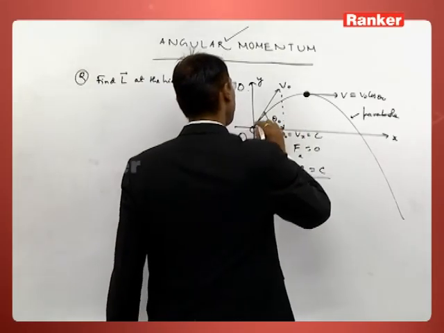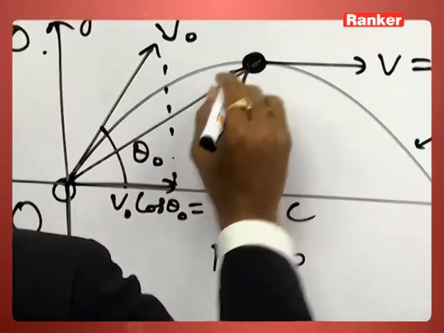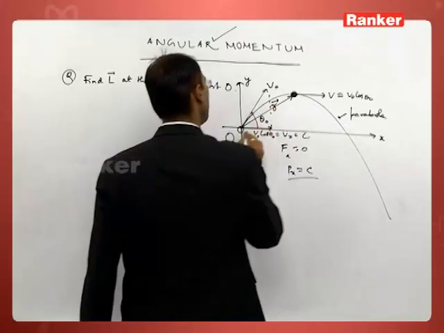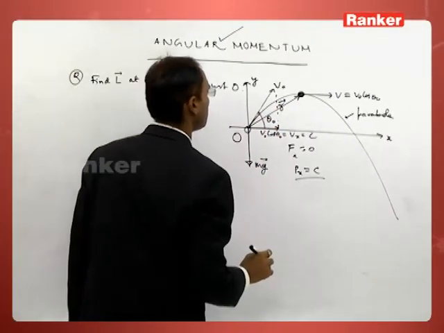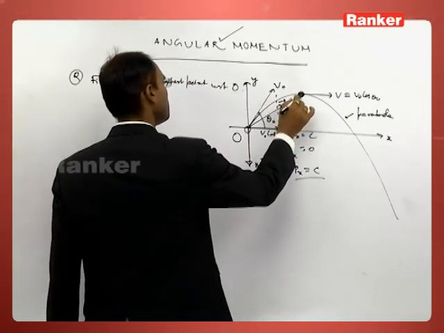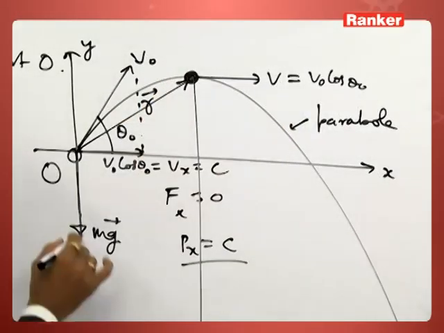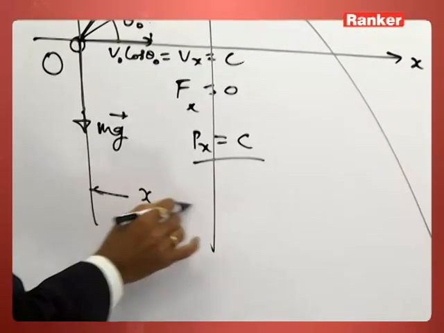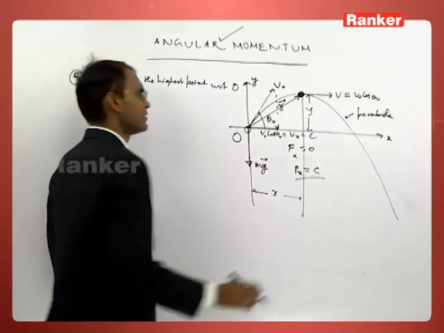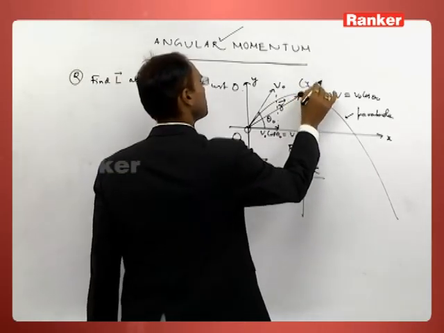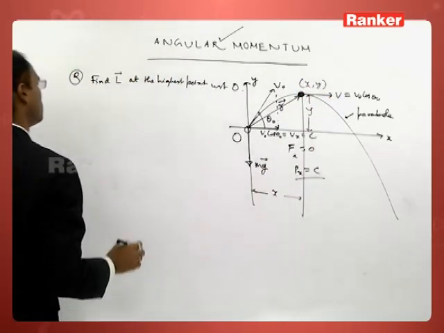Now, position vector of the highest point with respect to the point of projection or the reference point O. Let us assume that this distance is x and this distance is y. So its coordinates can be written as x comma y.